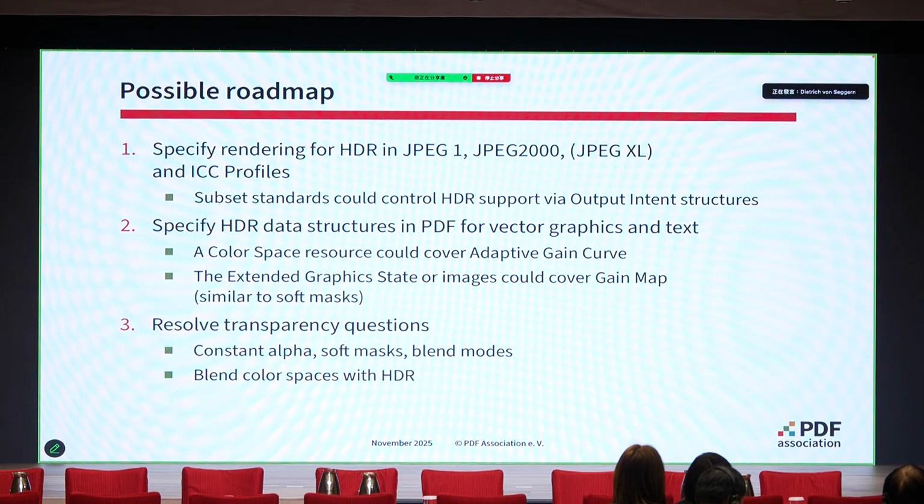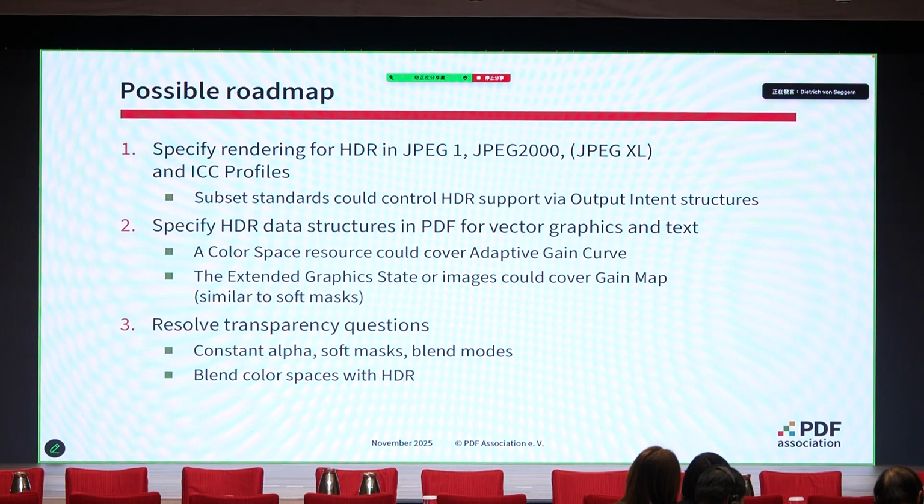And then finally, we will have to think about transparency, the different ways to have transparency in PDF: constant alpha, soft mask, and blend modes. And each of these has to be specified. For each of these, it has to be specified what it means for HDR.